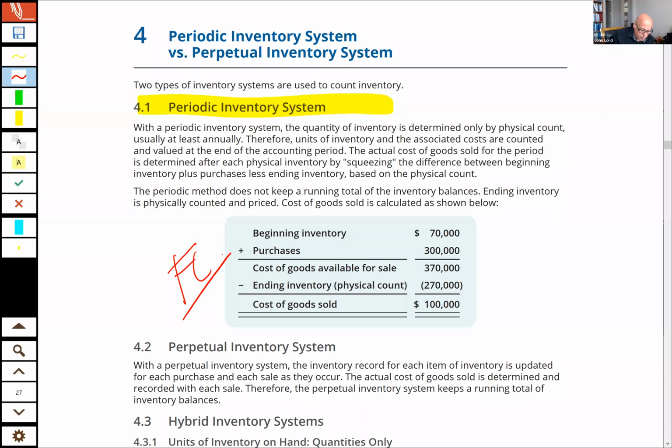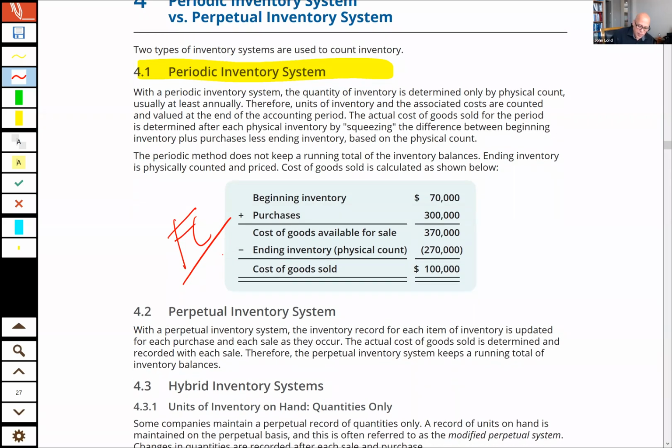Now, before I move on to the perpetual system, the ending inventory, again, it's contemplated that you don't know what your ending inventory is until you get to the end of the year and literally sit there and count. Now, there are obvious disadvantages to that. I tell my students sometimes that it could be cost of goods sold, or stolen.